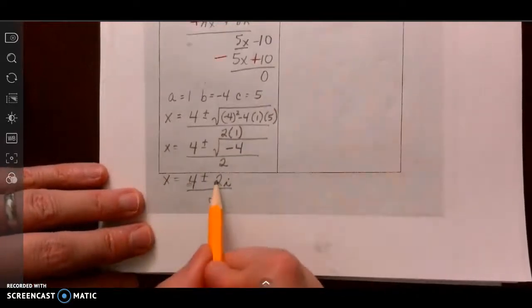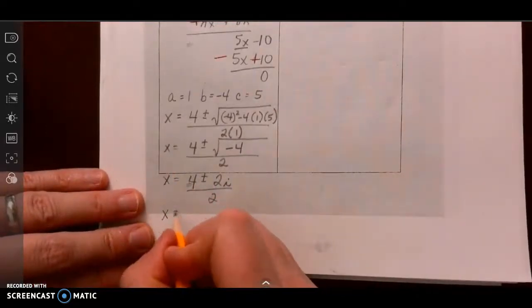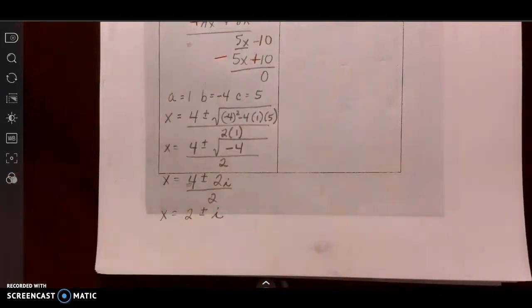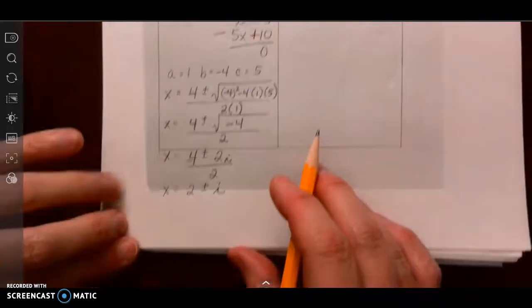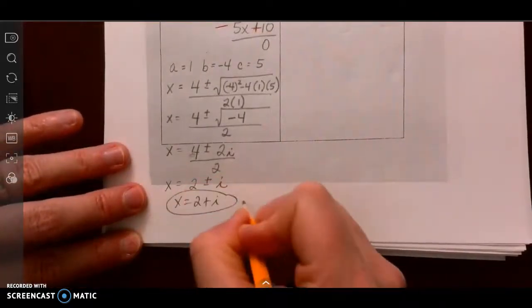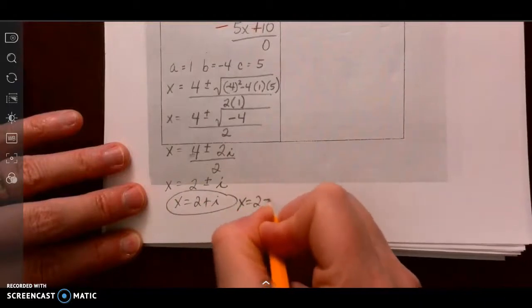Now, all of these can be divided by 2, so I'm left with 2 plus or minus i. So I have x equals 2 plus i, x equals 2 minus i.